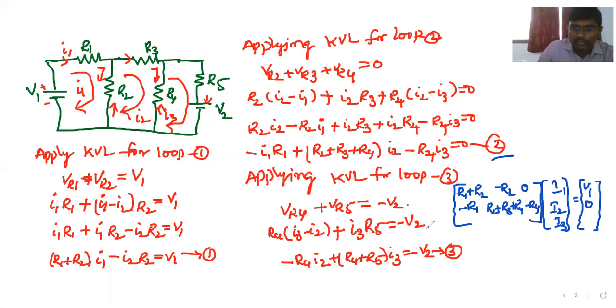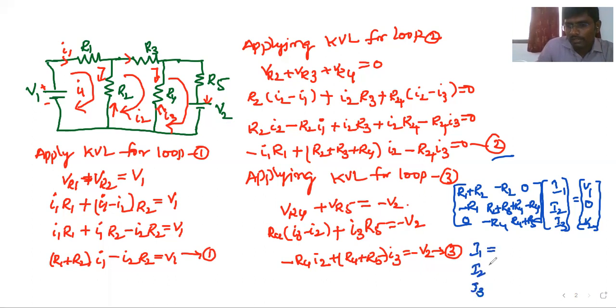And the third equation, 0, minus R4, and R4 plus R5, with constant minus V2. So if you solve this matrix using Cramer's rule, you can get I1, I2, and I3.